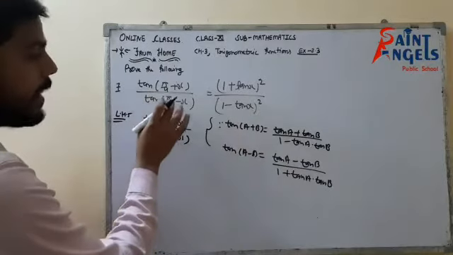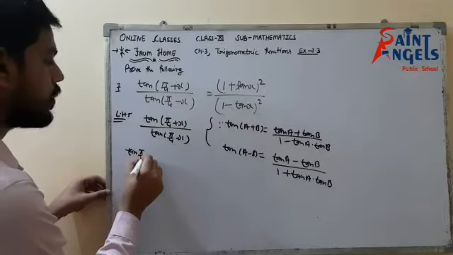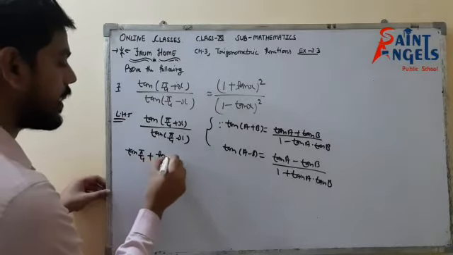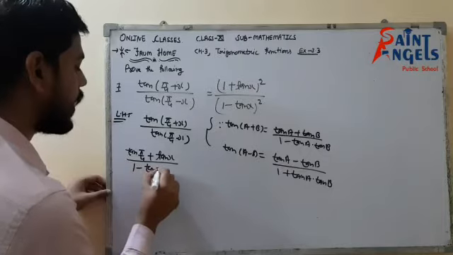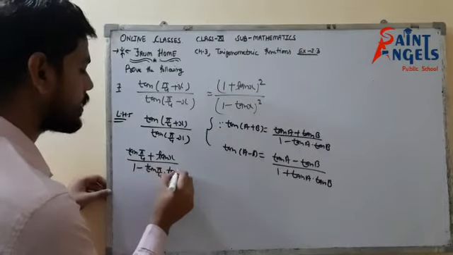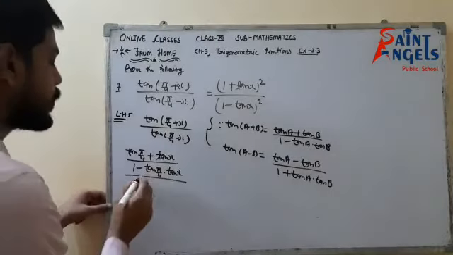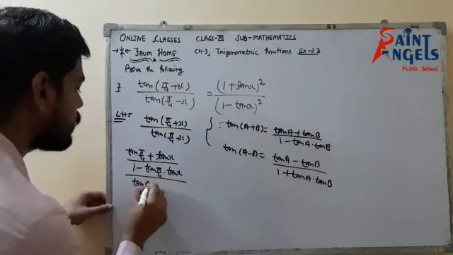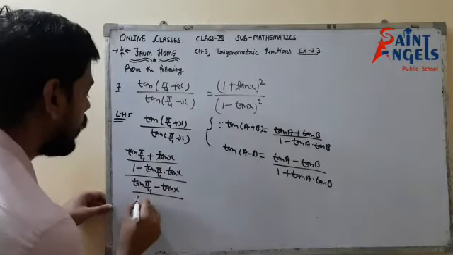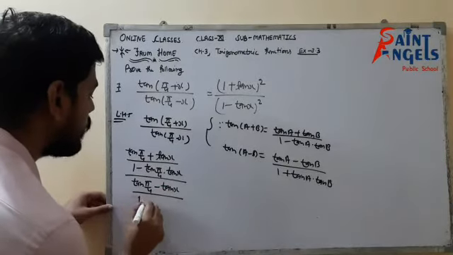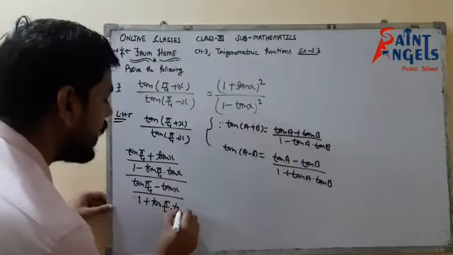So tan(a + b) means that would be (tan pi/4 + tan x) upon (1 - tan pi/4 into tan x). Now apply the formula in the numerator as well, tan(a - b). So tan pi/4 minus tan x upon 1 plus tan pi/4 into tan x.